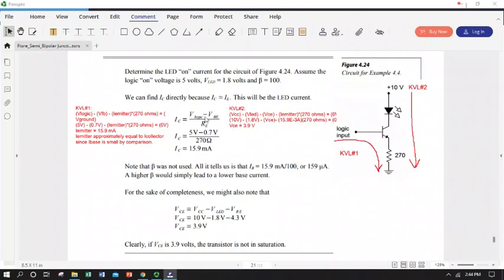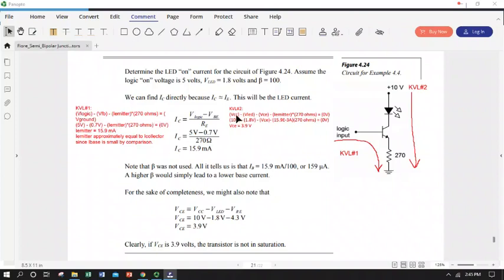So in this case, we'll step through it. Excuse me, let's widen that out so we can see all of our calcs. Okay, so let's see if we needed to use beta.